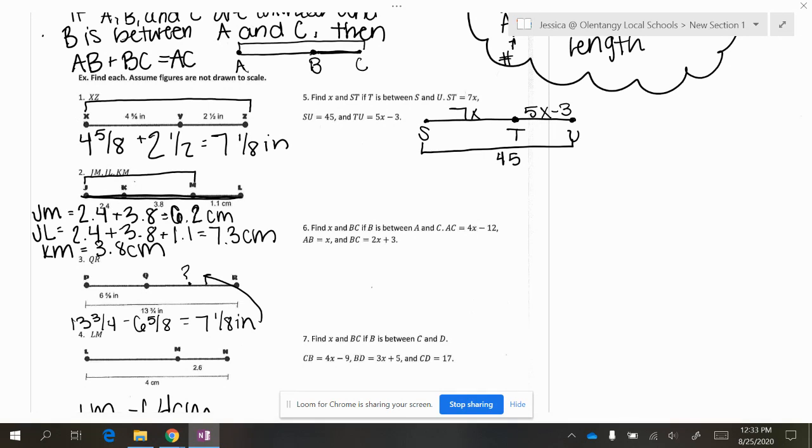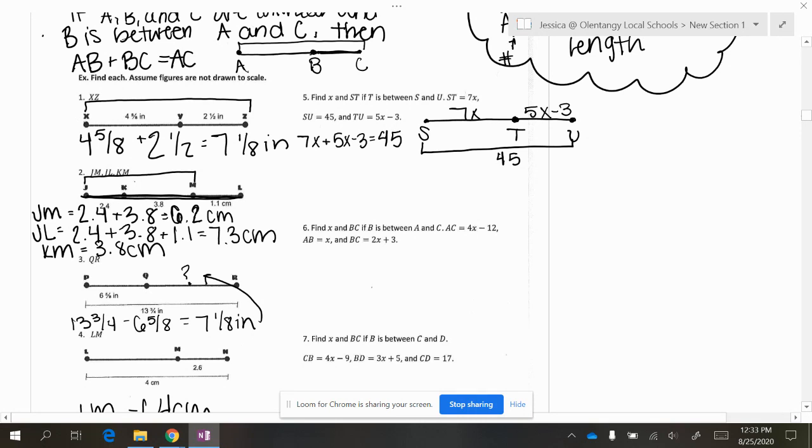So again, you're just adding up the parts to it. So ST, we know, is 7X. And then T to U is 5X minus 3. So 7X plus 5X minus 3 equals the whole thing, which is 45.